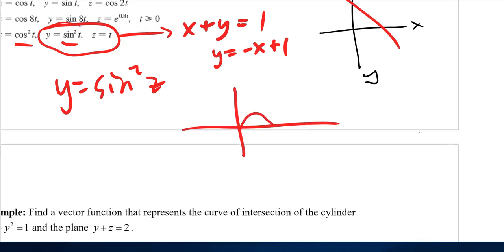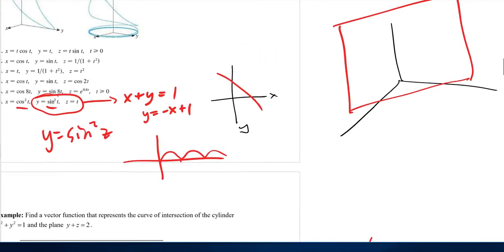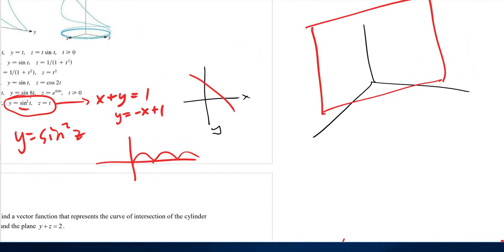Instead of going under, it goes above because it's squared. And it's probably more peaked like this. So that is in the YZ direction, and so we've got some sort of sine curve here.